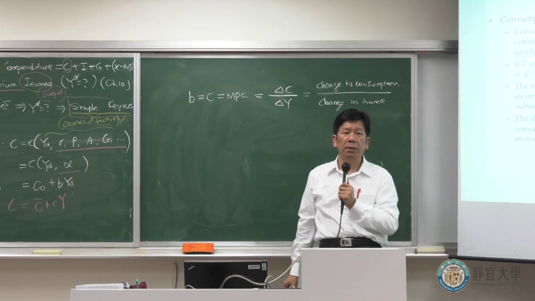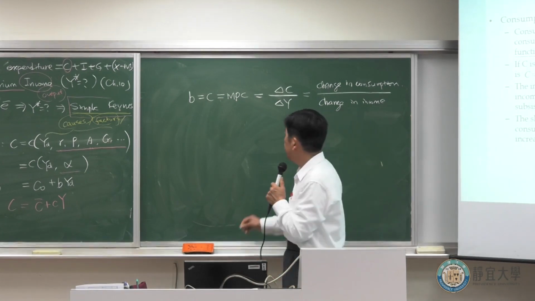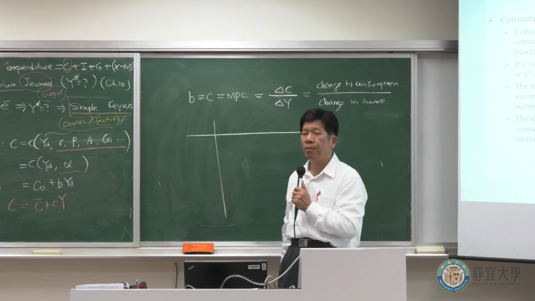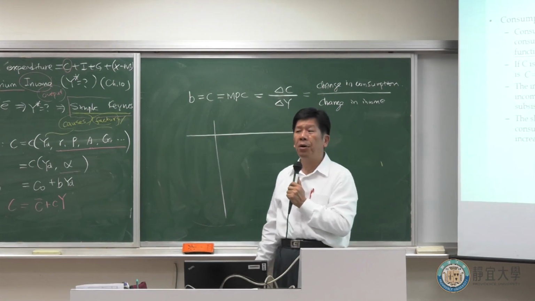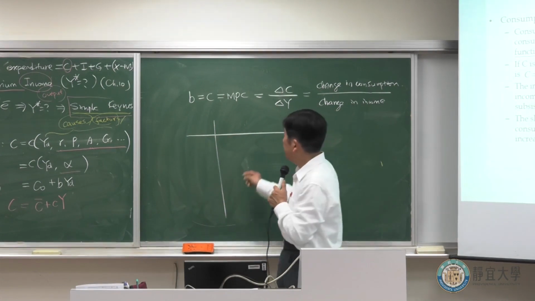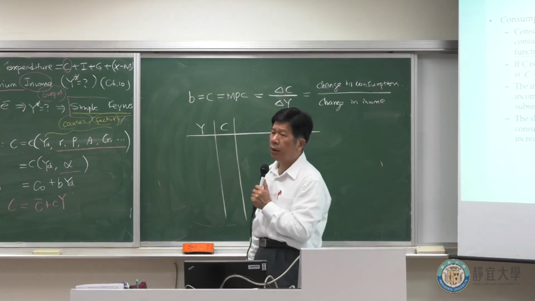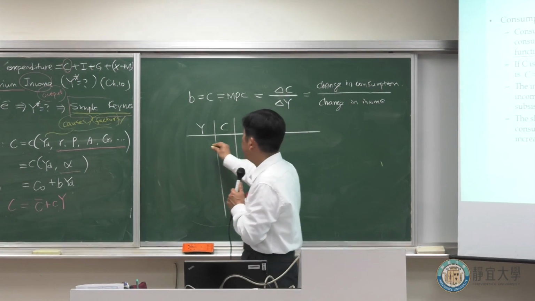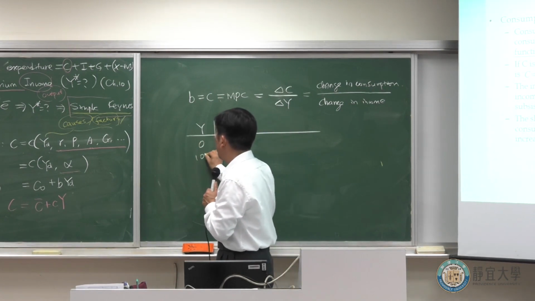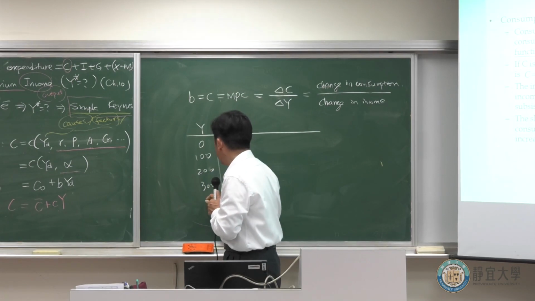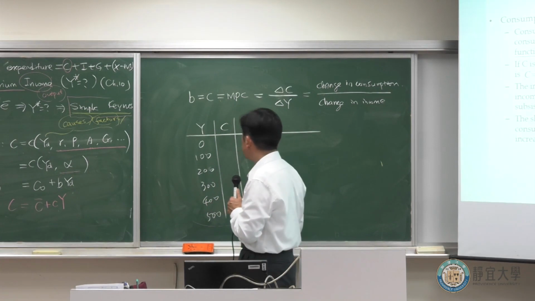So maybe we can write this down to compare our behavior or decision. Like this is Y, this is C. For example, Y is 0, 100, 200, 300, 400 or 500.